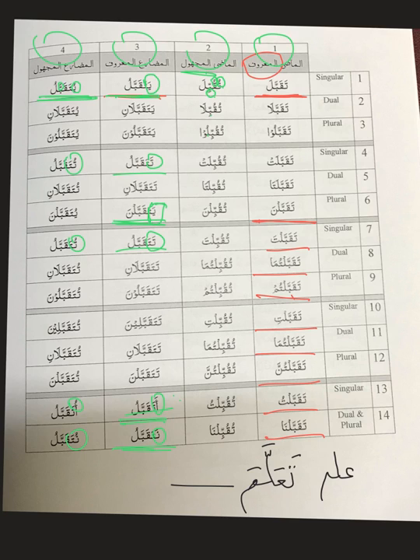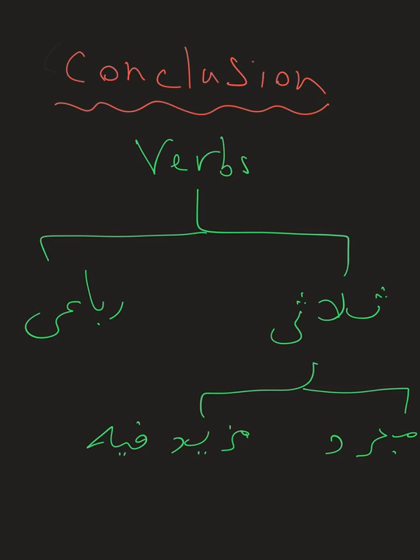Another verb you can practice from is the root letters Sheen, Ra, and Fa. So the Madi will be Tasharrafa, Yatasharrafu. Very straightforward.